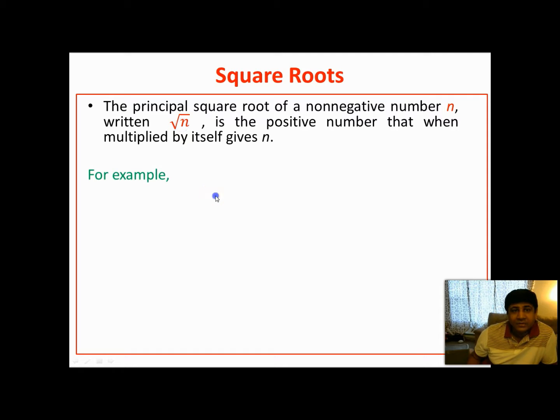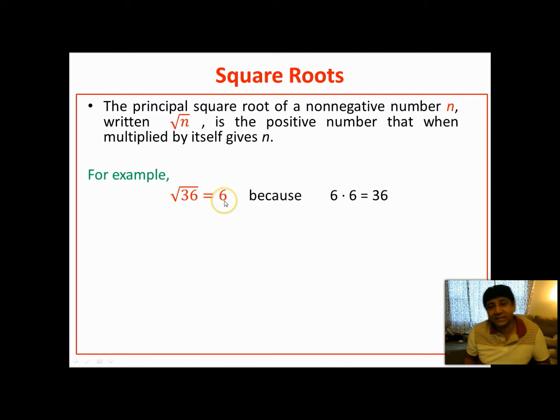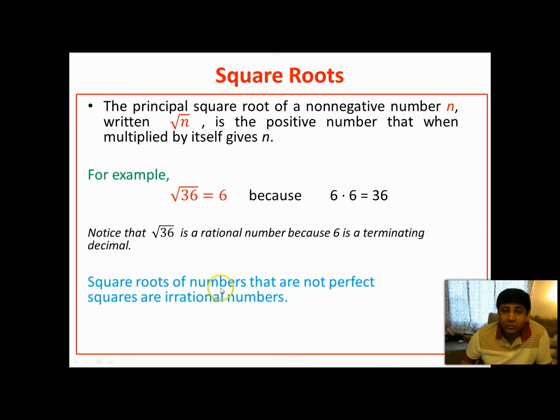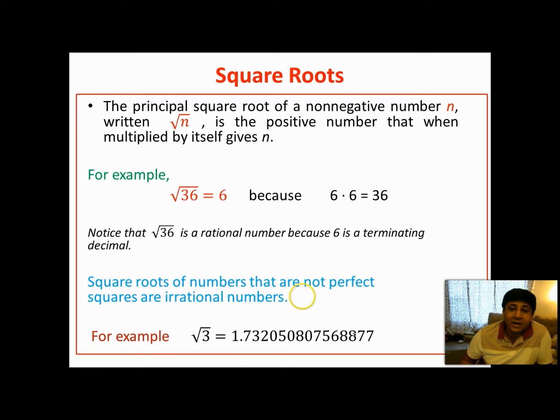For example, the square root of 36 is 6, because if you multiply 6 with itself, it produces 36. Note that the square root of 36 is a rational number, not irrational, because 6 is terminating. Now the square root of numbers that are not perfect squares, like 36 here, are irrational numbers. For example, the square root of 3 is irrational.